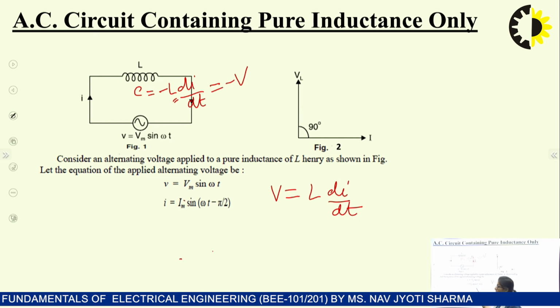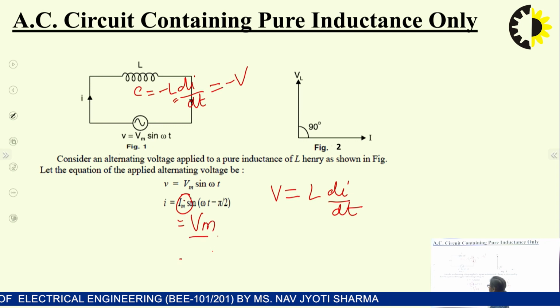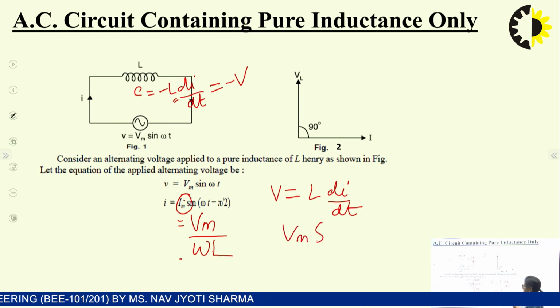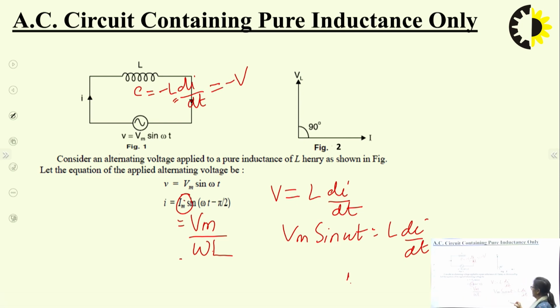But what will be the expression of this Im? How do I get this Im? This Im must be equal to the maximum voltage upon omega L. This voltage is Vm sine omega t, equal to L di by dt. Go for the integration: I must be equal to Vm by L integration sine omega t dt.